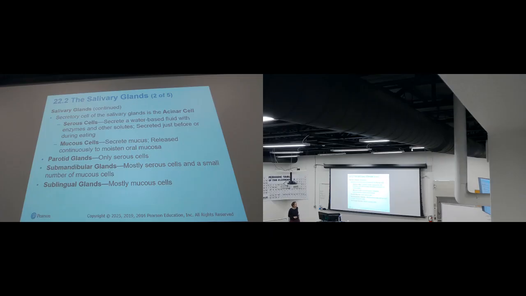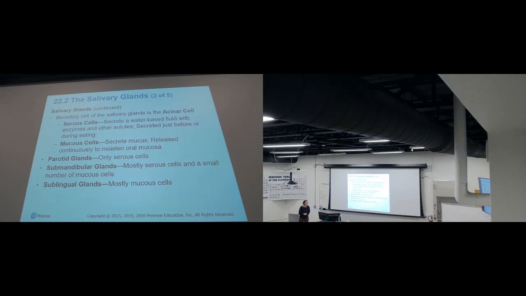So what type of cells do these glands have? They have serous cells and mucus cells. Serous cells secrete a water-based fluid with enzymes like salivary amylase. In the saliva, we have mostly water and enzymes, but we also have IgA, lysozyme that breaks down the wall of bacteria, and then we have urea, a waste product, salt, potassium, calcium.